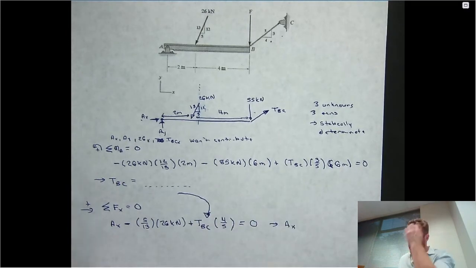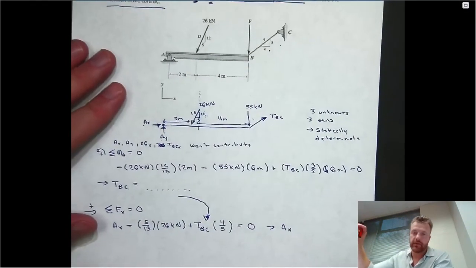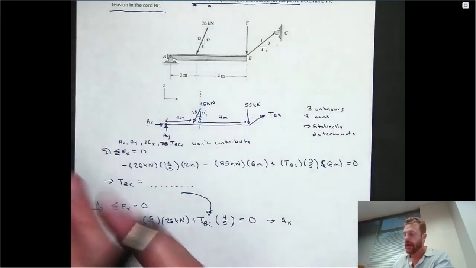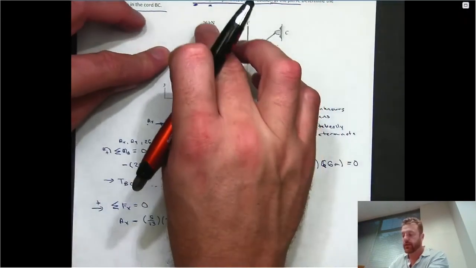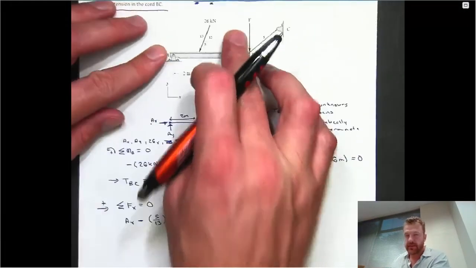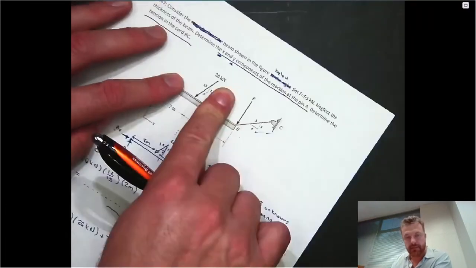And basically what this says is, from a kind of engineering intuition point of view, TBC has to be the reaction that counterbalances the tendency of these two vertical components of the forces to rotate in the clockwise direction. So TBC is determined by how much it takes to keep this thing from rotating about the pin.